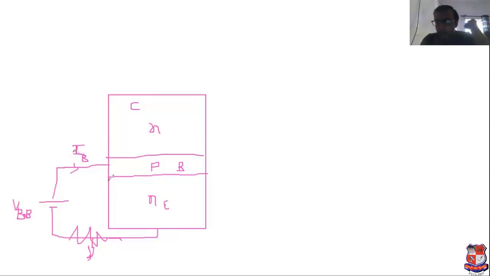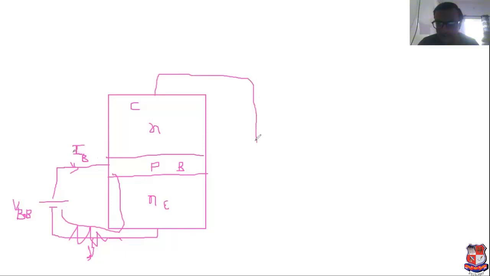Now due to this current flow, electrons travel from the emitter towards the base, and the collector-base junction must be in reverse bias. See, this is the collector.